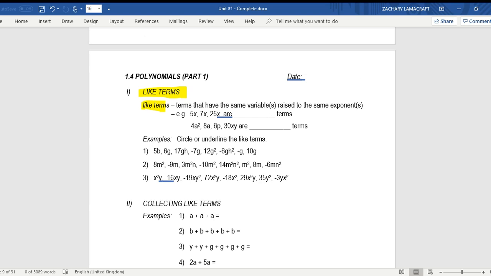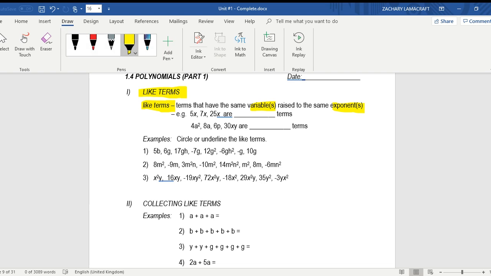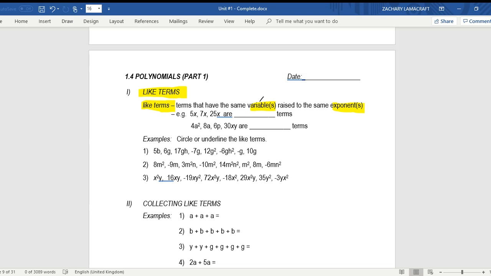So like terms are terms that have the same variable and raised to the same exponent, okay? And what that means, you might forget what a variable is. A variable is just a letter that's attached to, say, a number, okay? So in this case, we usually call this the coefficient or the numerical coefficient.